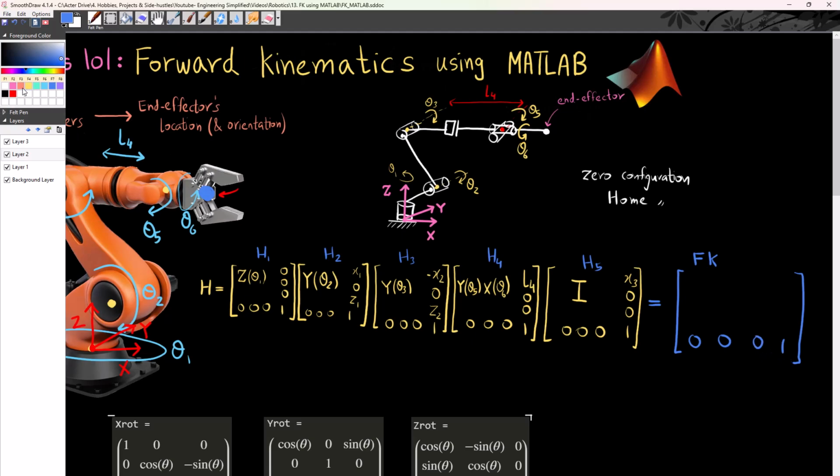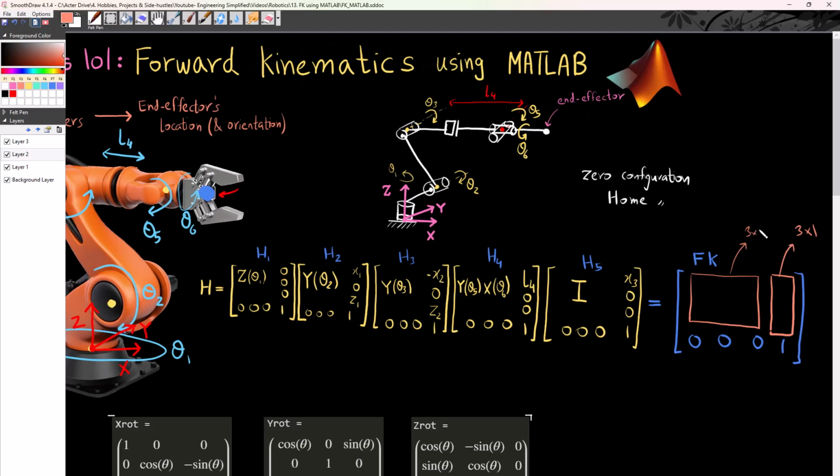And then on this side there is going to be a 3 cross 1 matrix, so 3 rows and 1 column, and what that would show me is the position of the end effector in the fixed frame. So it is going to show me the xyz coordinates of the end effector in the fixed frame. And then here I am going to get a 3 cross 3 matrix.